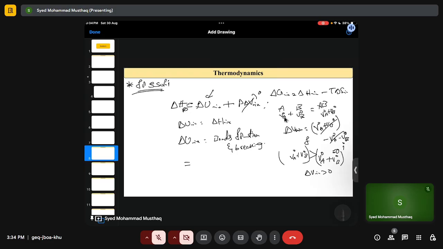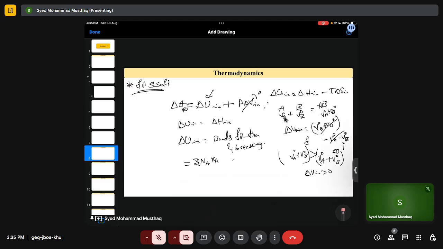So delta U mix will be equal to the coordination number, how many bonds are lost, times Avogadro number, times the probability of finding A, X_A, and the probability of finding B, X_B, times omega. Now what is omega?